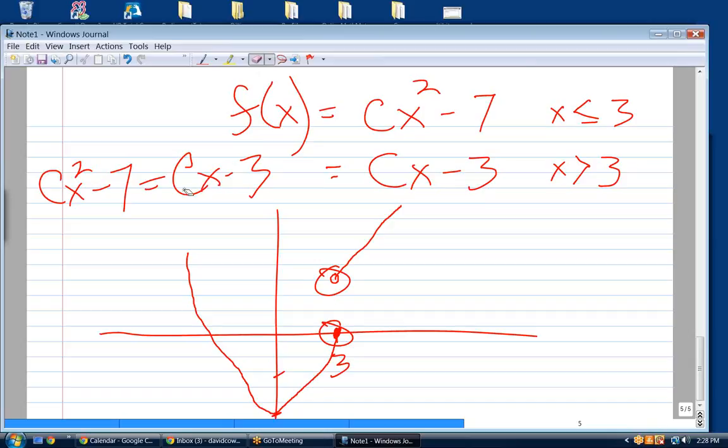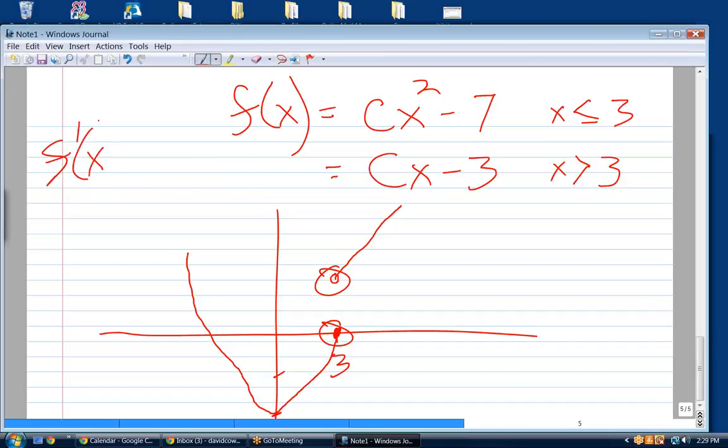That would not appear to be a calculus problem. However, if we look at it and try to solve it as a calculus problem, f prime of x is equal to cx, and this f prime of x is equal to c.